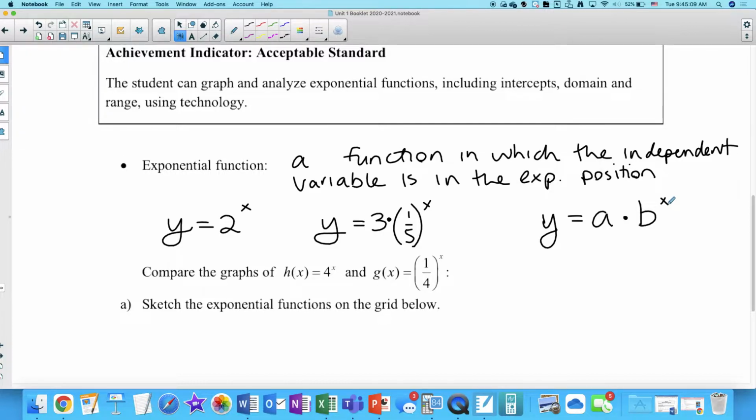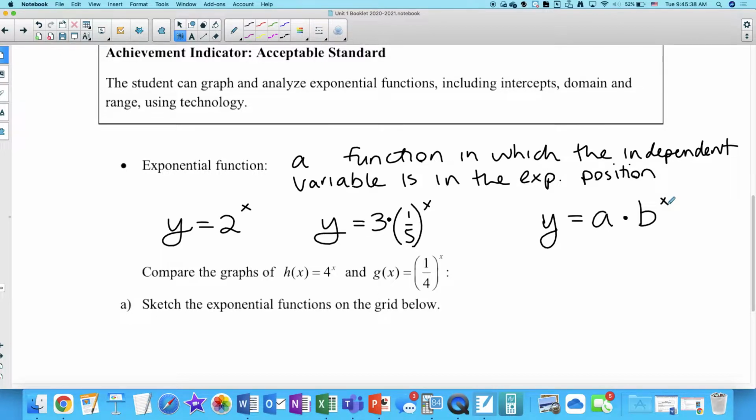Now, if you take other courses, you may learn about transformations of this function. Transformations, as you would have seen with quadratic functions, basically means you move the graph up, down, right or left, or maybe flip it. We can build from here, but not in this course. We're just going to stick to things of this form.